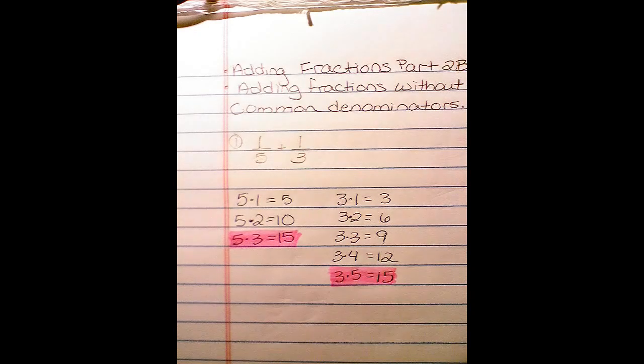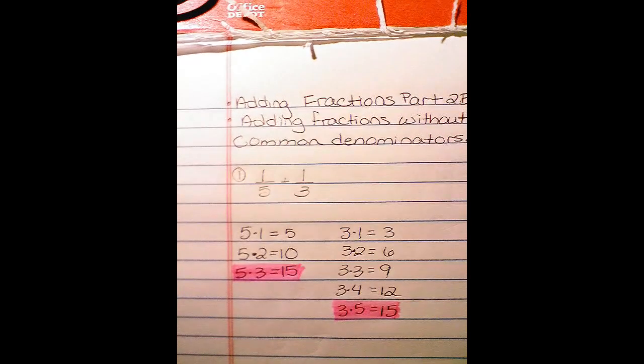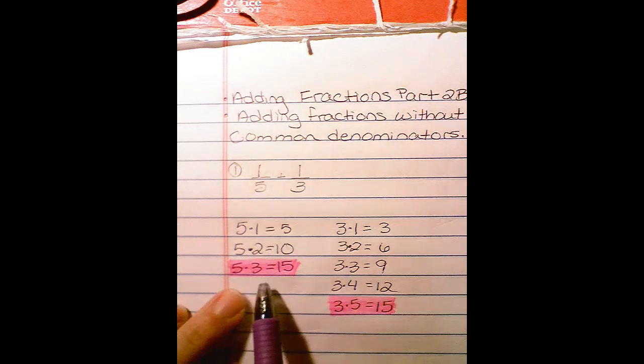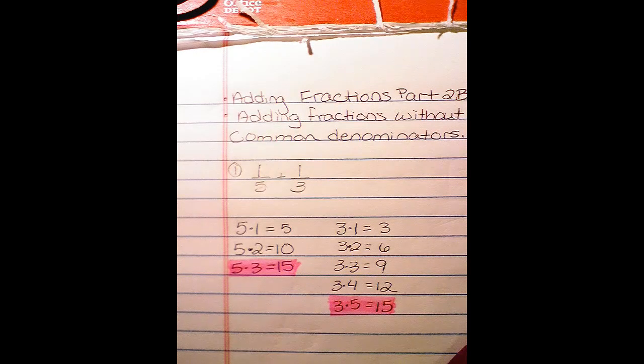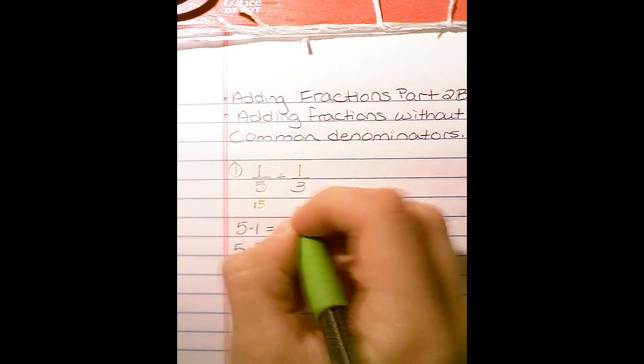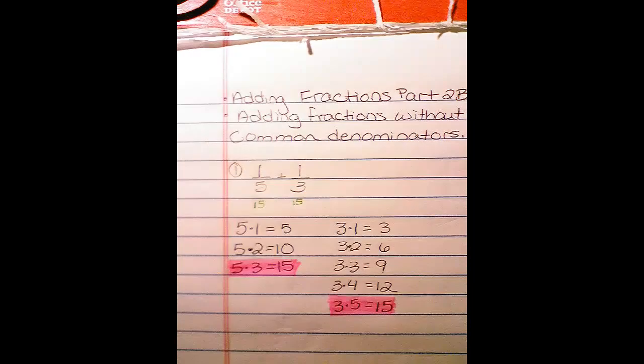Alright, so what does that mean? That means we are going to multiply both numbers in order for us to get to 15. Okay, what do I have to do to get myself to a common denominator of 15?